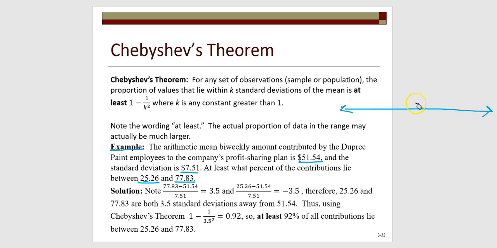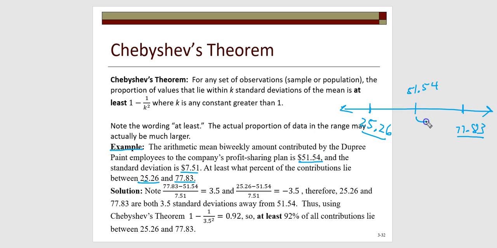So what we have to do here is we're given that the mean is 51.54, and right here would be about 77.83, and let's say down here is 25.26. Now what we have to do is calculate how many standard deviations this number and this number are away from 51.54.